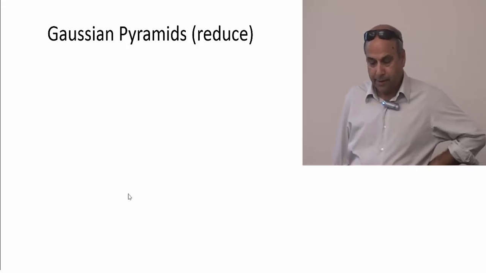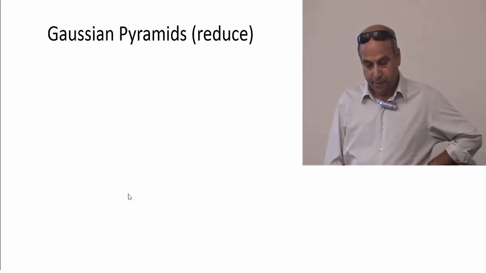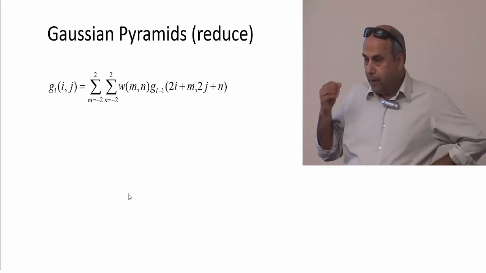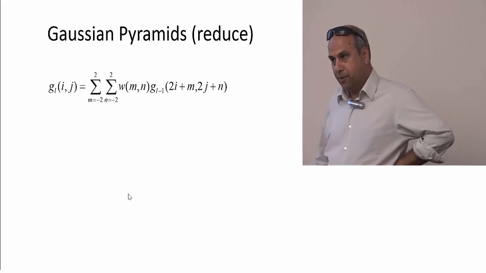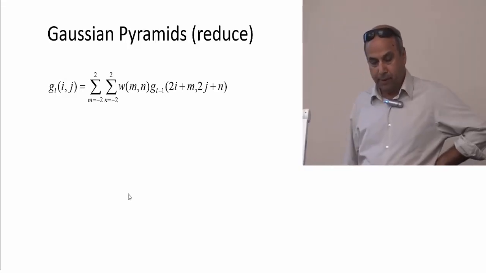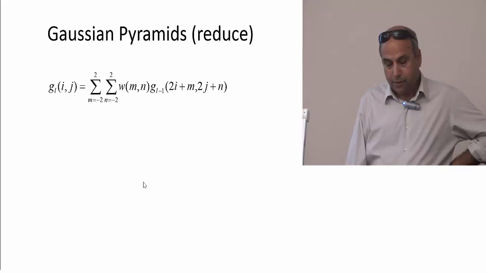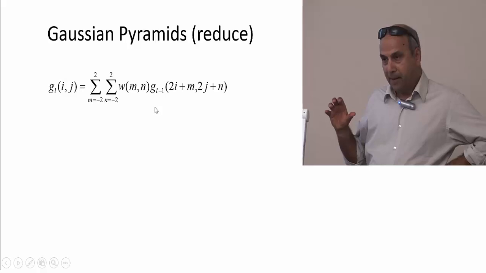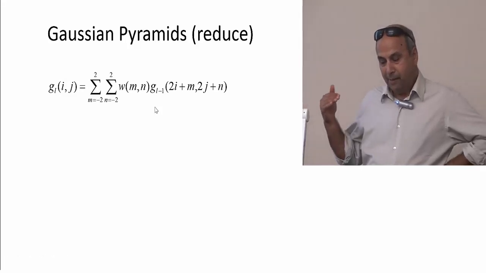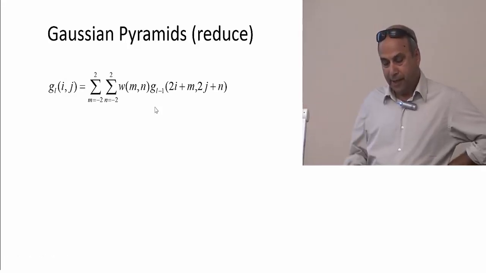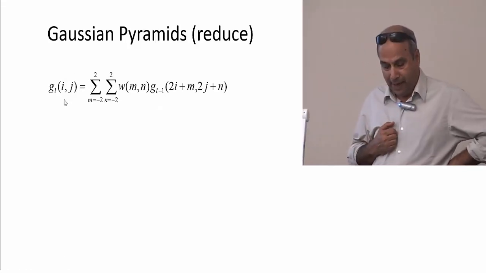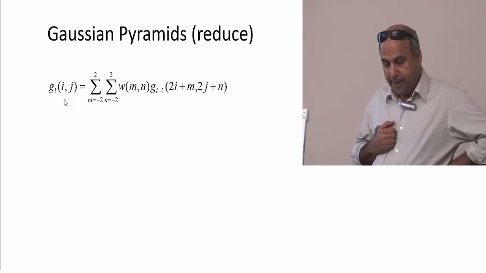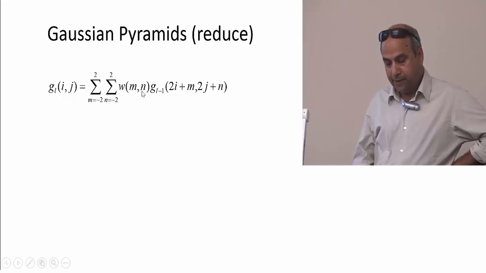Let's talk about the Gaussian pyramid's reduce operation. Again we are going to do convolution. We are going to build the pyramid using convolution or correlation, as we have been talking about. We will take G_{L-1}, the Gaussian pyramid at level L-1, and from there we are going to get G_L, the Gaussian pyramid at level L, and the way we do it is basically convolution.